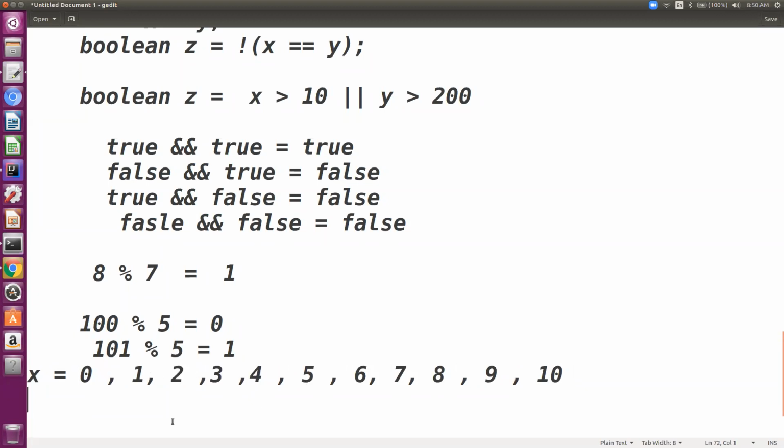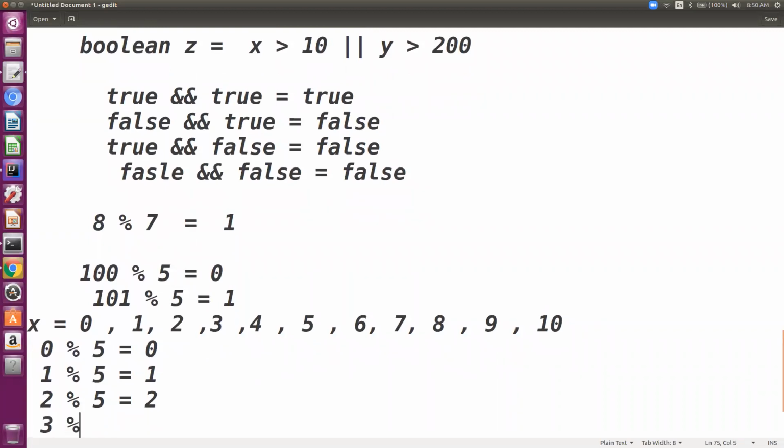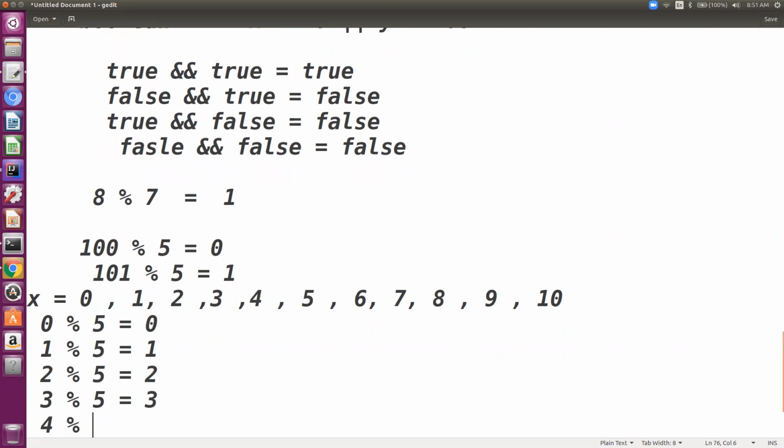So now 0 percentage 5, what is the answer? 0. 1 percentage 5, the answer is 1. 2 percentage 5, the answer is 2. 3 percentage 5, the answer is 3. 4 percentage 5, the answer is 4.